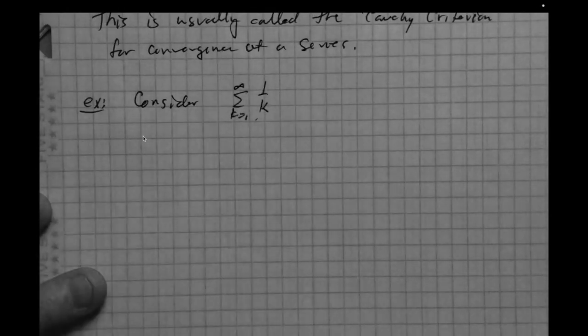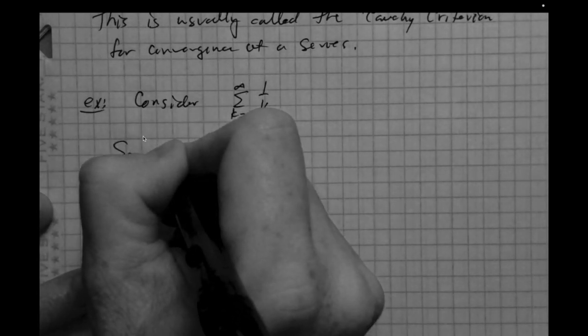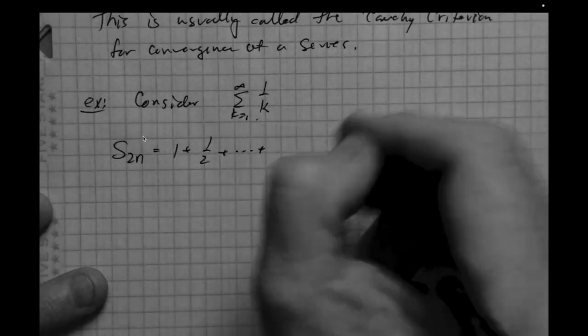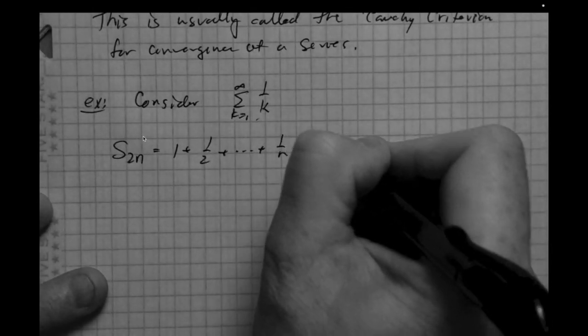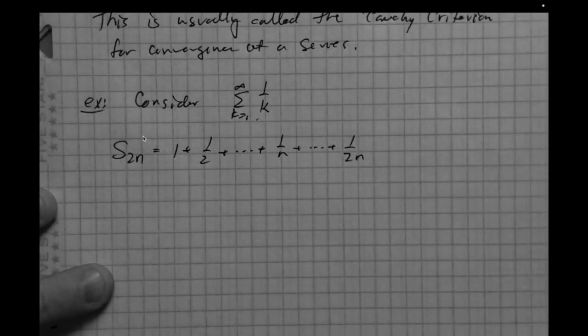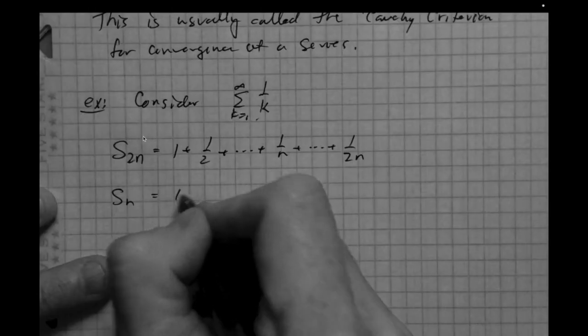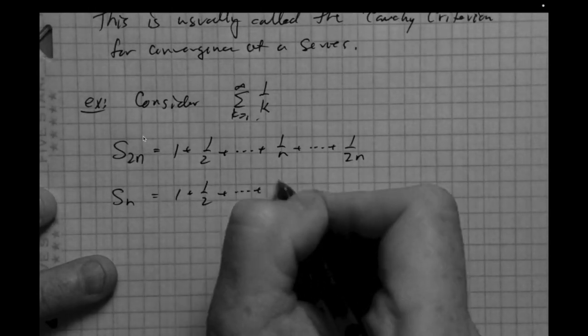So consider two partial sums. We've got s of 2n, which would be 1 plus 1/2 plus dot dot dot plus 1 over n plus dot dot dot plus 1 over 2n. And then we've also got s of n, which is just this piece, 1 plus 1/2 plus dot dot dot plus 1 over n.